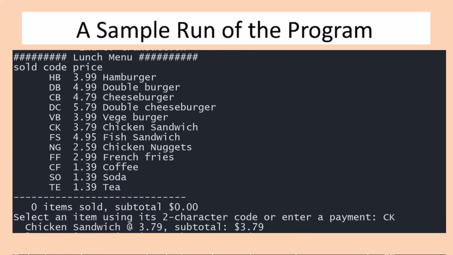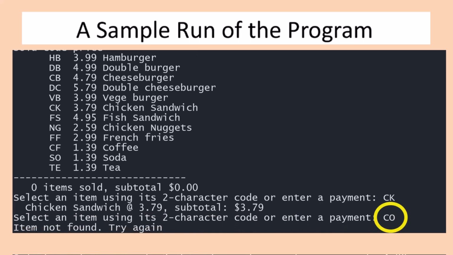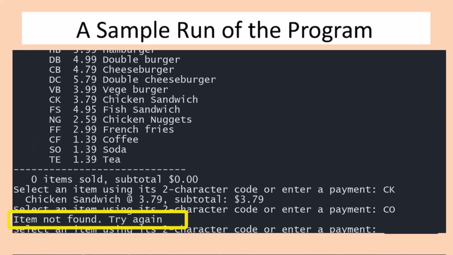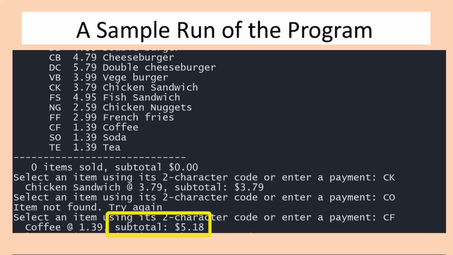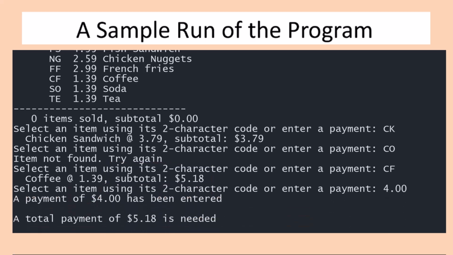The lunch menu is displayed again for the next customer. The second customer selects a chicken sandwich, enters CO for coffee, but this is not an available menu code. The message, "Item not found, try again," is displayed, and the customer enters CF for coffee. The subtotal of $5.18 is displayed, but the customer only provides $4.